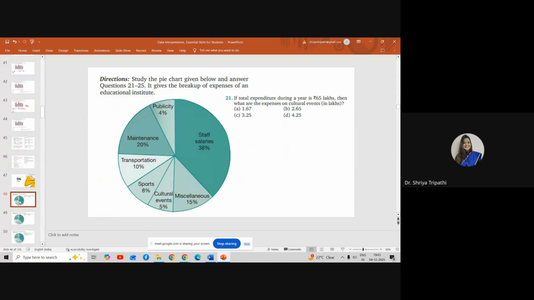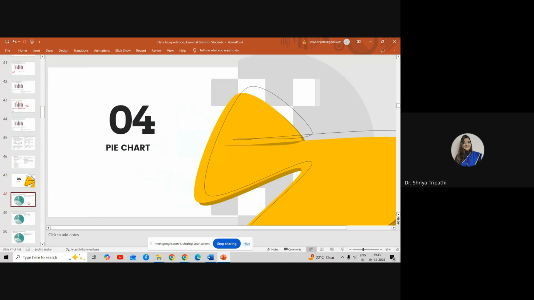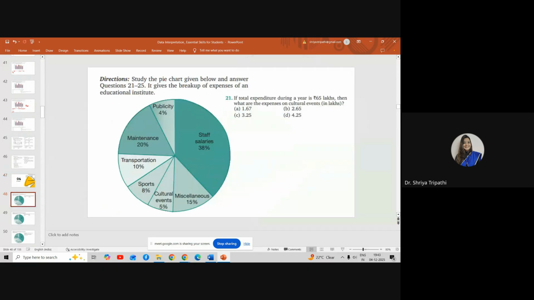Let's do some pie chart questions. Pie chart again. Here, which you can see on the screen, this is the entire whole and each portion is divided. So second part, we are starting with pie chart. Study the pie chart given below and answer the questions, question number 21 to 25.